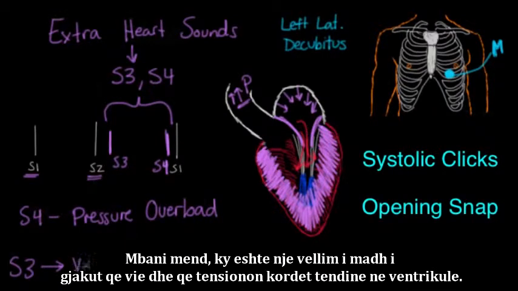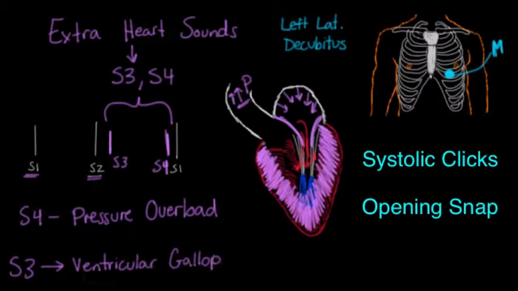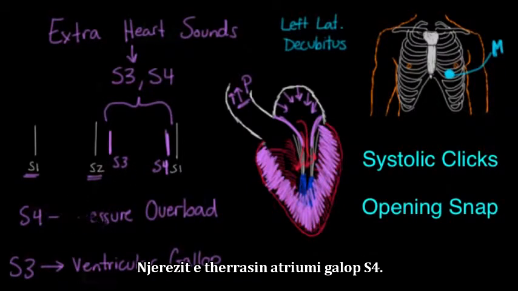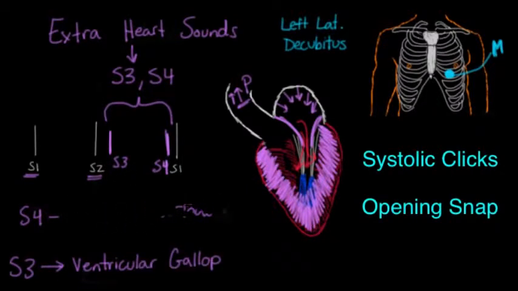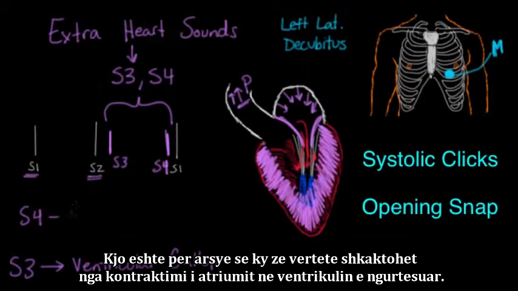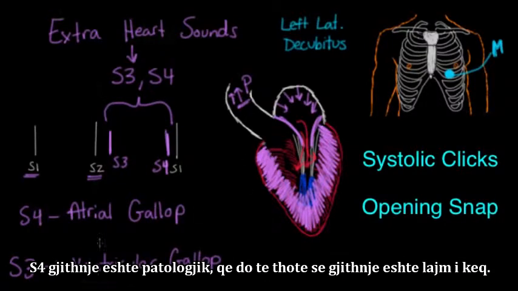Remember, this is a large volume of blood coming in and tensing those chordae in the ventricles. And people call S4 an atrial gallop, because this sound is really caused by the atrium contracting into the stiff ventricle. The S4 is always pathological, meaning it's always bad news.